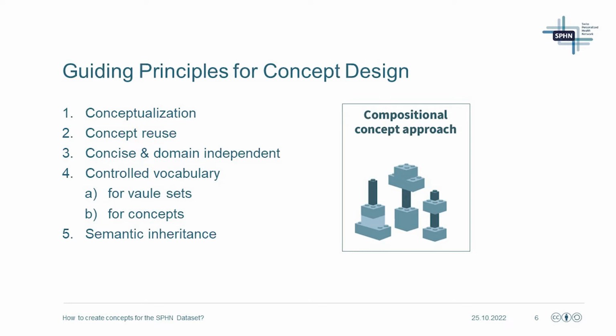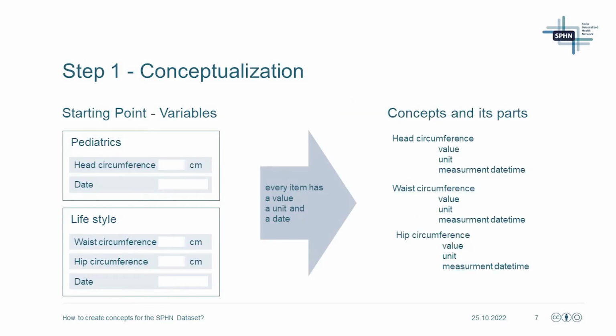So let's start with the conceptualization. The starting point for conceptualization is often looking at the variables of a project. That could be, for example, as we see here, head circumference in a pediatrics form where the head circumference of children is collected.